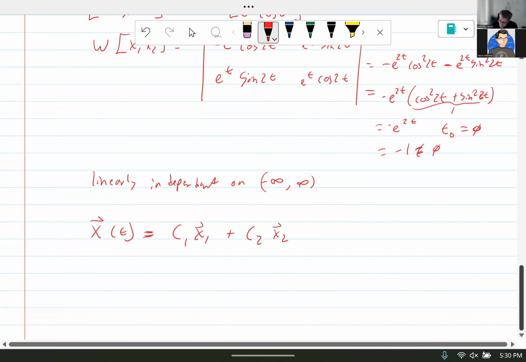Since they're linearly independent, I can do that; if they weren't, I couldn't. So this is the general solution.